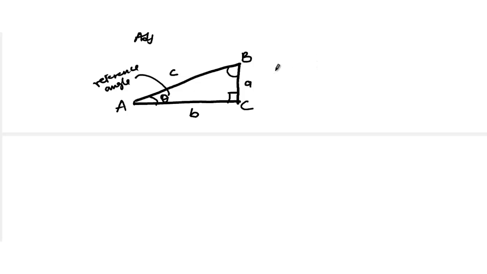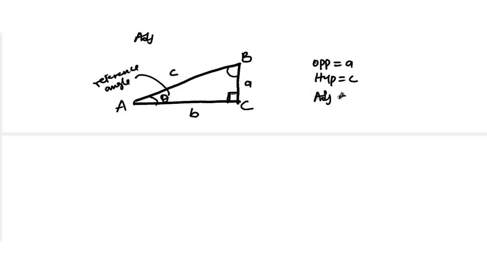So from this right triangle, the opposite side is small letter a. Then the side facing the right angle is the hypotenuse, which is c. And the other side, which is not connected to any of them, is the adjacent.